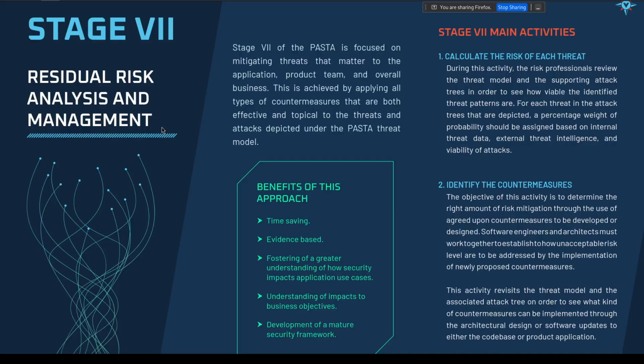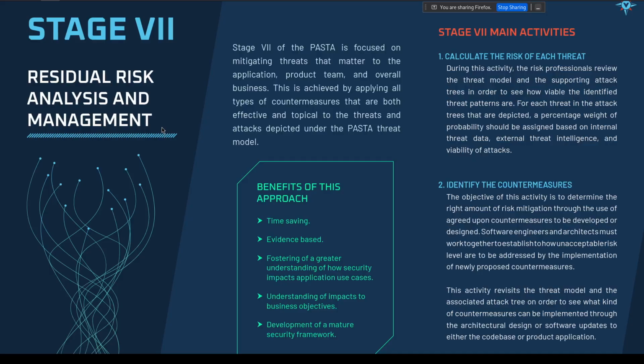But companies usually use different risk assessment techniques. Some might use NIST SP 800-30, which involves likelihood, impact, and exploitability. In PASTA's approach, we saw that it was using probability and impact. So here we use the probability and impact in order to assess the risk.